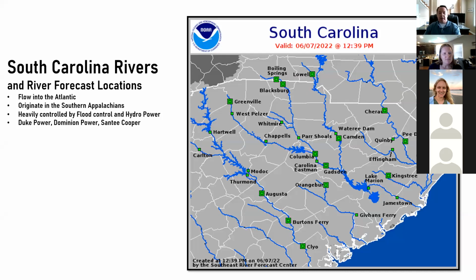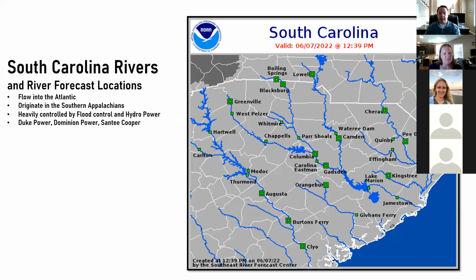And so we have a number of actual forecast locations that we provide river forecasts for across many rivers in South Carolina. Most of these rivers, as Brooke and Katie have pointed out, originate in the upstate and the mountains or the foothills, and they meander into the coastal plain. A lot of them actually originate well up into North Carolina, and that's good to make note of.